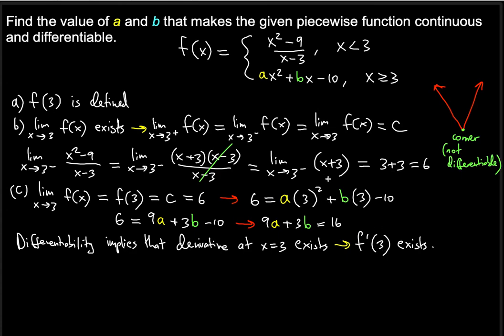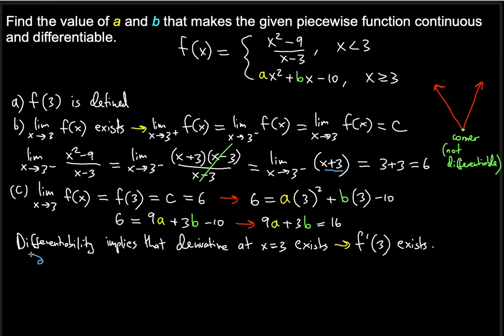So in other words, if we take the derivative of both of these, we will be able to find the value of the derivative at x is equal to 3 and then set them equal, because there's only one derivative possible. Right? But be careful, you don't want to take the derivative of this, because you remove this discontinuity by making it a simpler function, which was this, x plus 3.